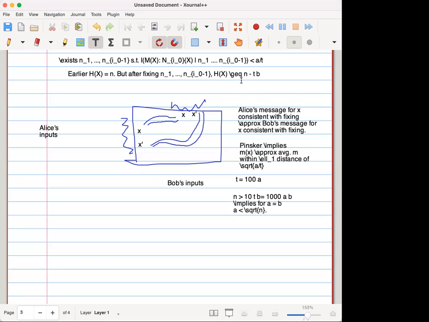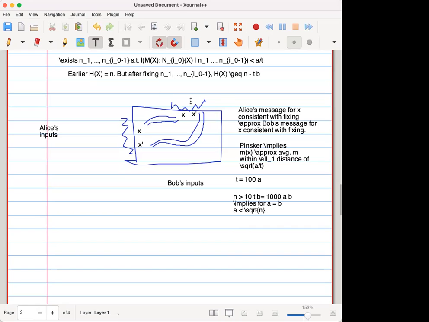Now, what does this mean? Let us look at the input random variable X after I have fixed this prefix of a message from Bob. So I bias the input random variable X. Let us say that X is mostly concentrated on a subset of strings, which I've denoted by this cartoon diagram.